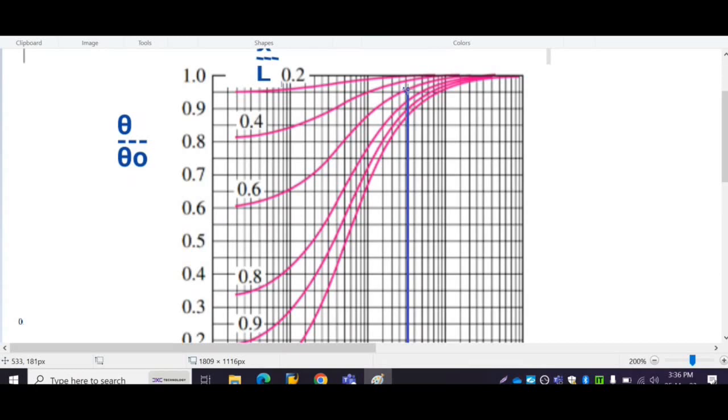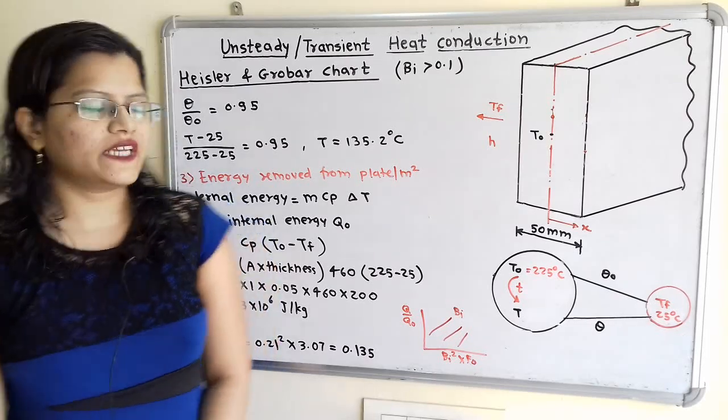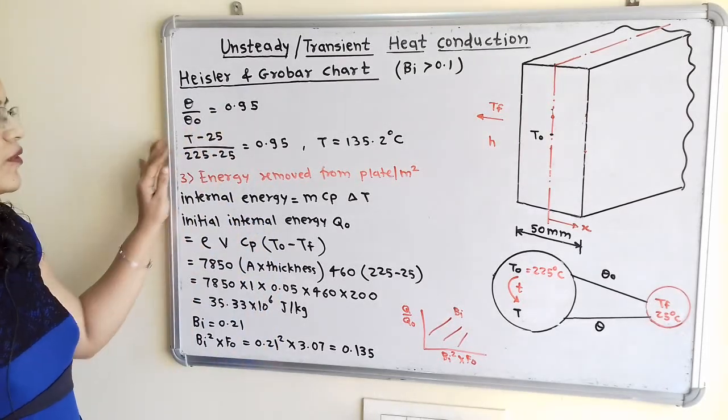So again, I will select one line and here is the point of intersection. So what is the value of theta by theta O? It is in between 0.9 and 1. So value of theta by theta O is 0.95. From graph, theta by theta O is equal to 0.95.